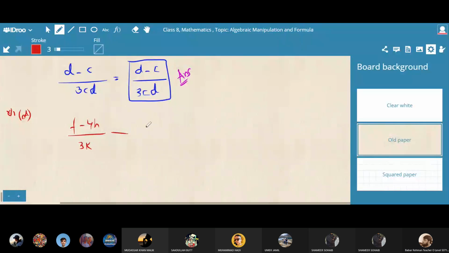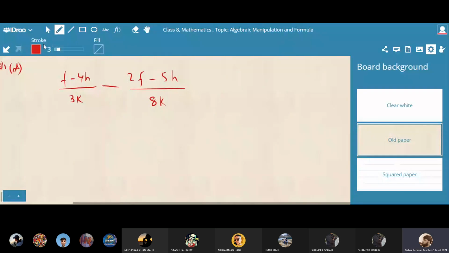2F minus 5H upon 8K. Now, how can we make the same denominators? Dear students, how can I make the same denominators? Okay, three table, read the three table: 3, 6, 9, 12, 15, 18, 21, 24.